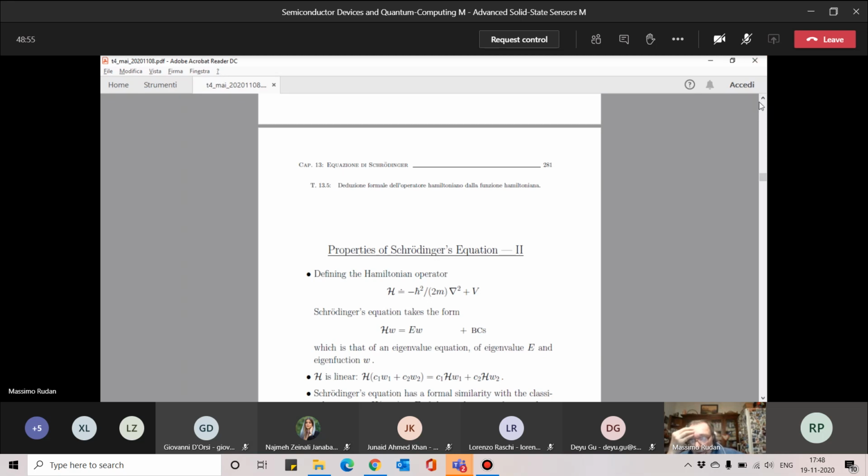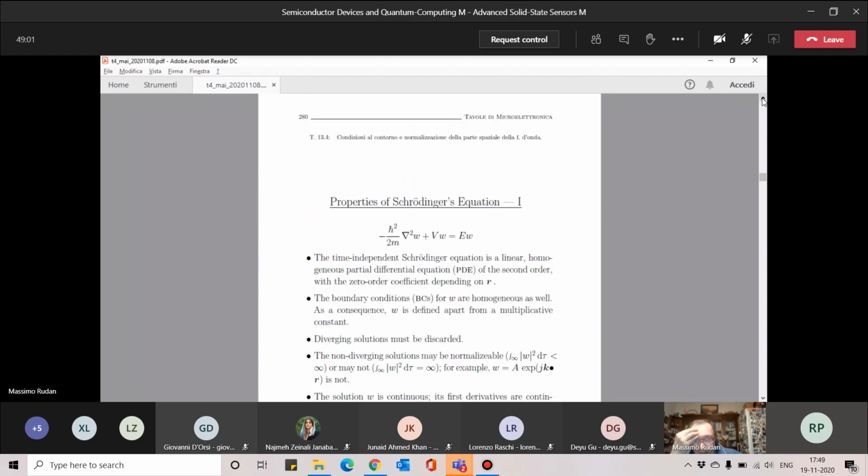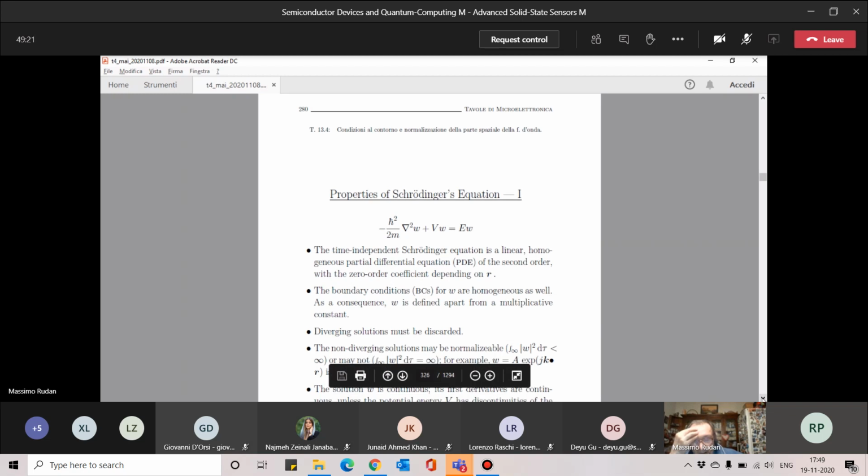V is a function, but you may think of it as a multiplicative operator. If you look at the equation, the Laplacian operates on W because it calculates the second derivatives. V operates on W just by multiplying W. Okay, so you can think of V as a multiplicative operator.